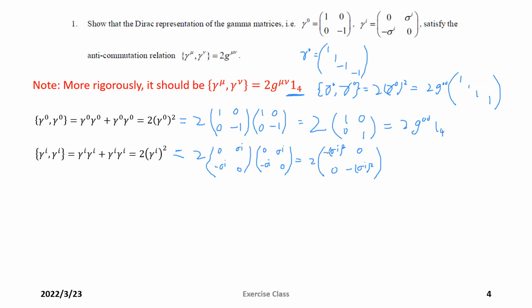A property of the Pauli matrices is that the square is always the identity matrix. So it's like this, and so this is equal to 2g^{ii}.